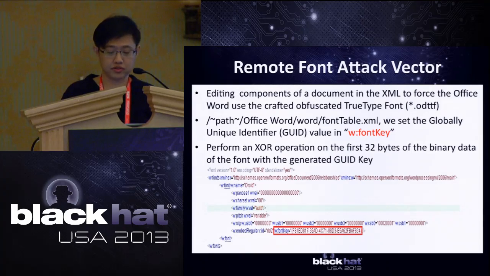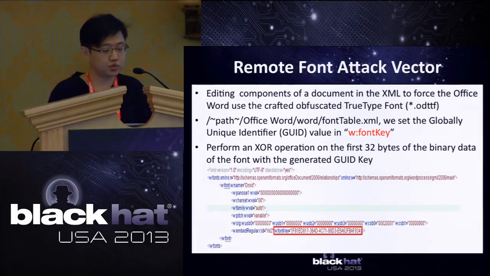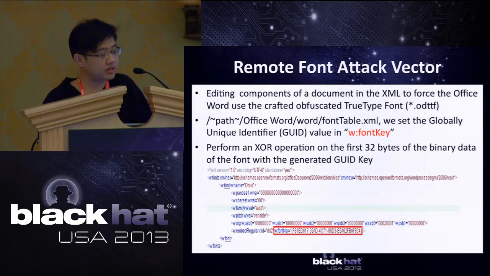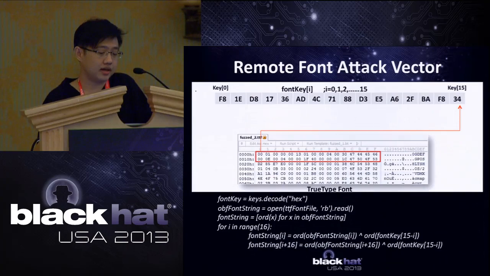And to force the docx to use the crafted obfuscated TTF font file, the fontTable.xml file, which is located in the Word folder, has to be edited and the value of w:fontKey set to perform an XOR operation on the first 32 bytes of the TTF font file. And this slide shows the program to perform the XOR operation of the GUID key with the first 32 bytes of the TTF binary file.